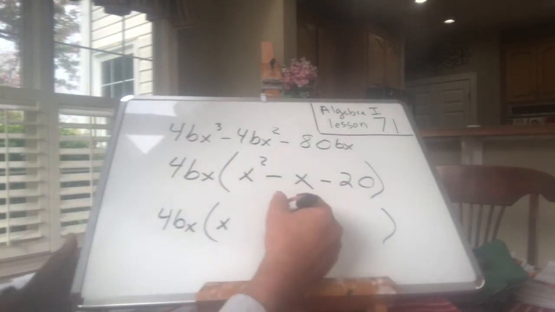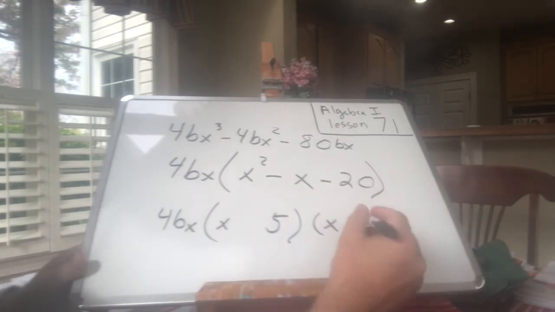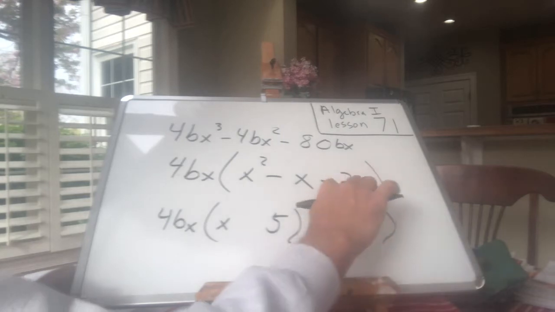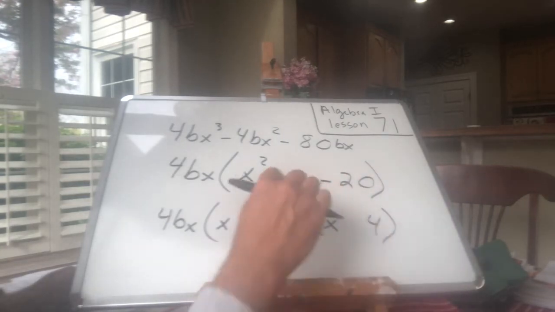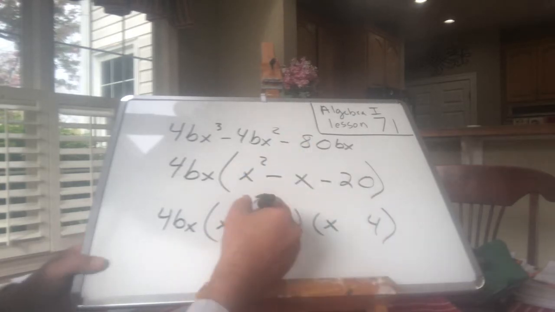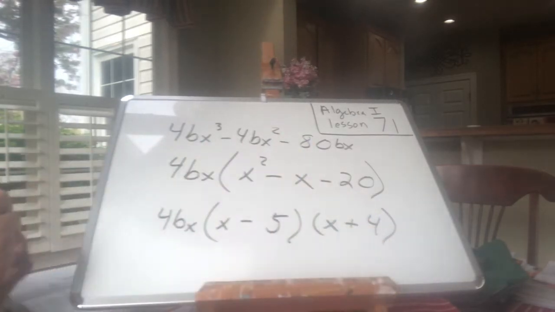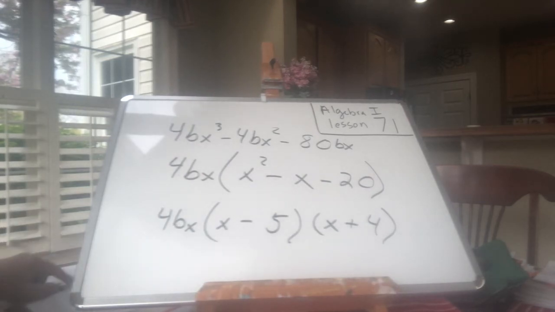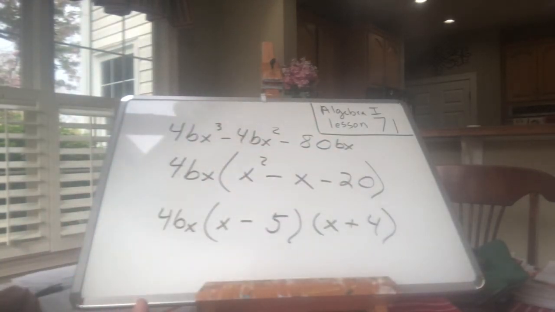So we know we're going to have a 5 and a 4, and obviously we want to finish with a negative 20. One of these is going to be positive, one of these is going to be negative, okay? The higher one should be negative, so it's going to be minus 5 and plus 4, right? So that's how you would find the common factor of this trinomial and then factor out the trinomial.